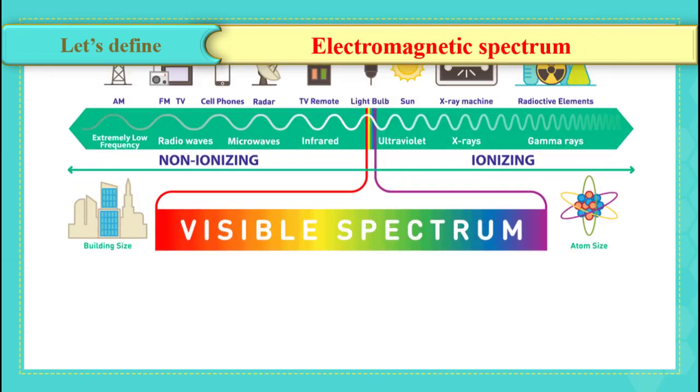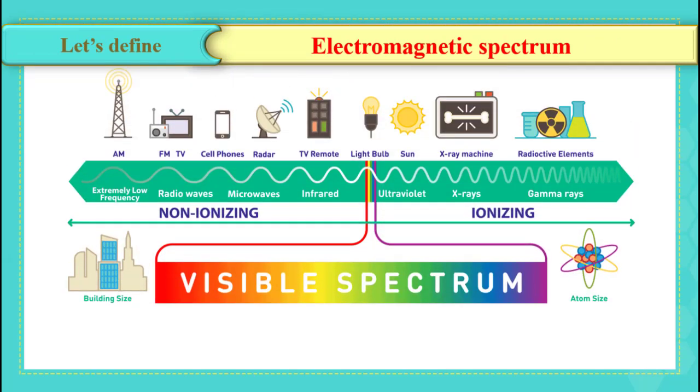Let's move now to our second objective about the electromagnetic spectrum. The electromagnetic spectrum takes all the electromagnetic waves and lines them up based on their wavelengths or frequencies. This spectrum arranges the electromagnetic waves from the longest wavelength, which corresponds to the lowest frequency or lowest energy, to the shortest wavelength, which corresponds to the highest frequency or highest energy.